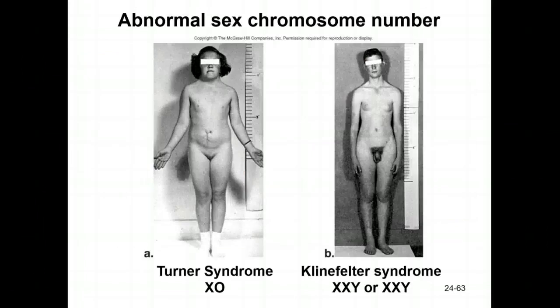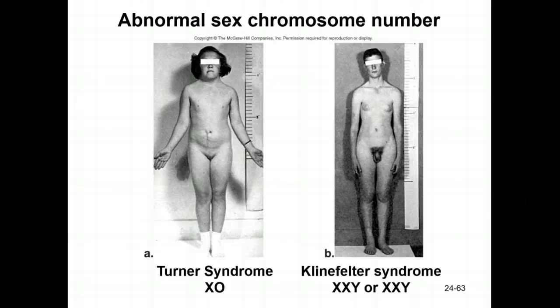Just like you can have abnormal numbers in the autosomes, you can also have abnormal numbers of sex chromosomes. This slide shows 2 examples of disorders that are caused by abnormal number of sex chromosomes. On the left, we have a woman that has Turner syndrome.